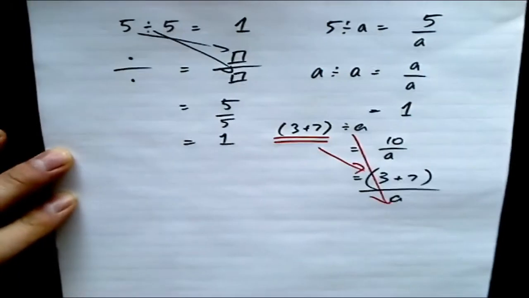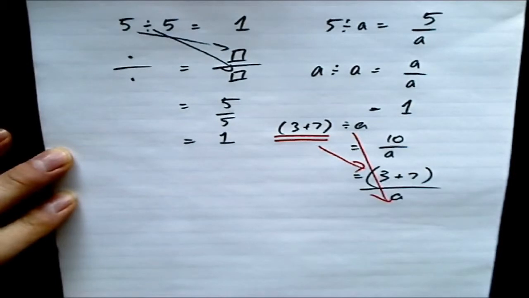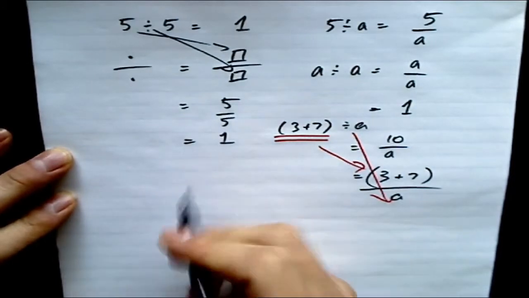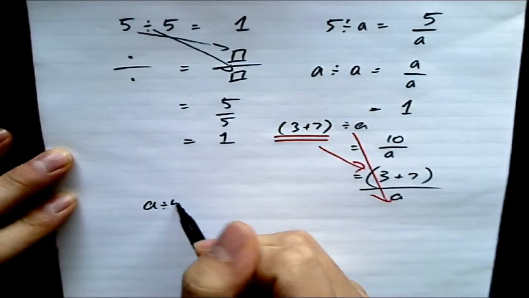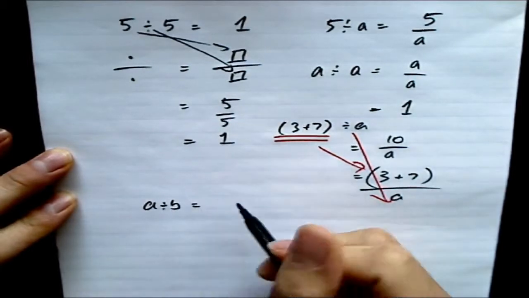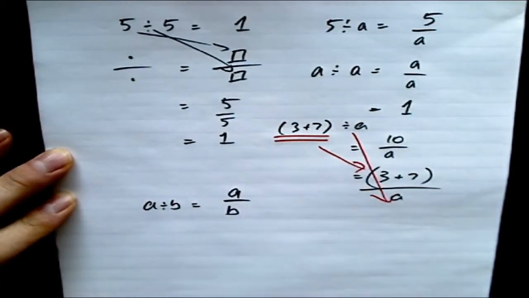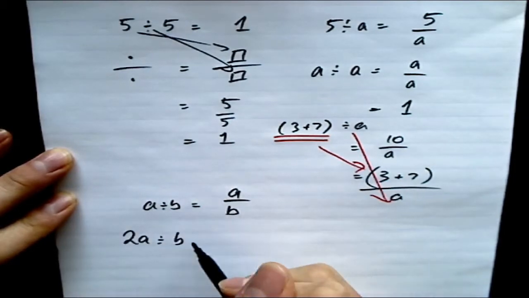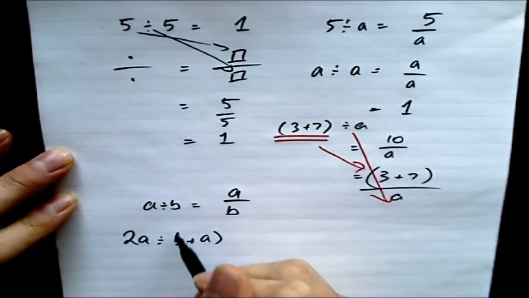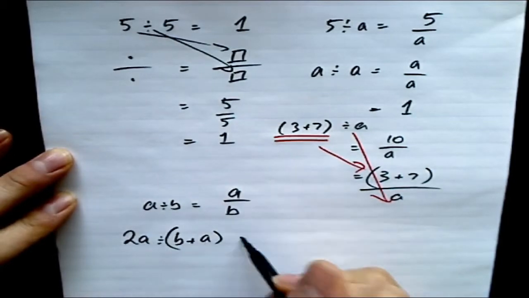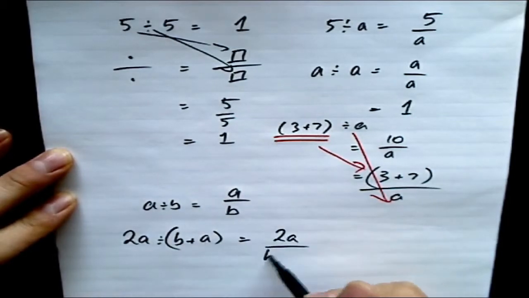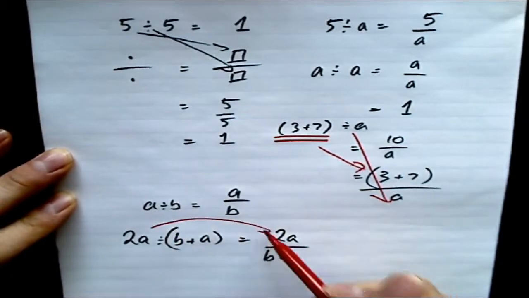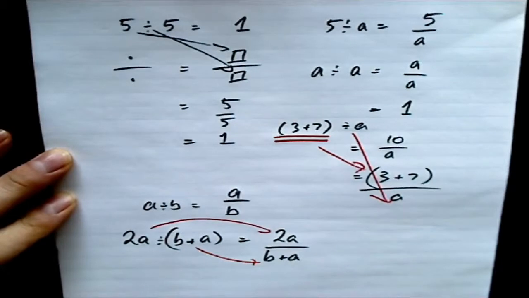Now I could make it a bit more complicated. I could try this as well. The concept is that anything at the front will go to the top, anything down at the bottom will stay at the bottom.